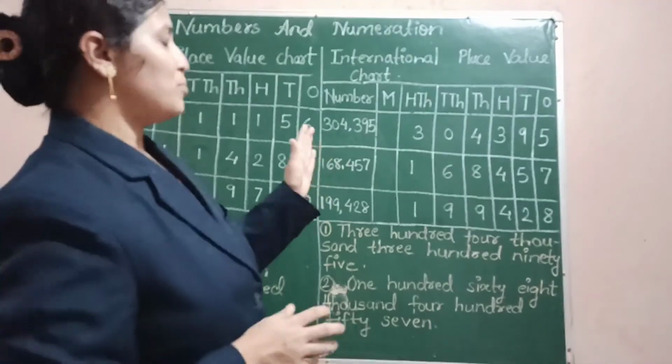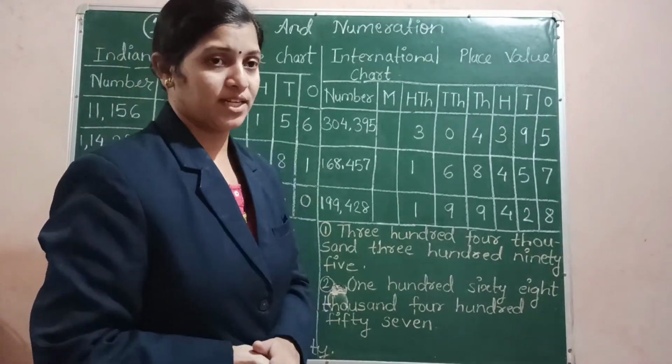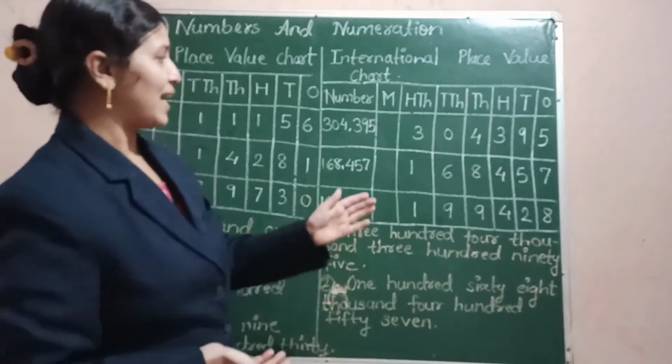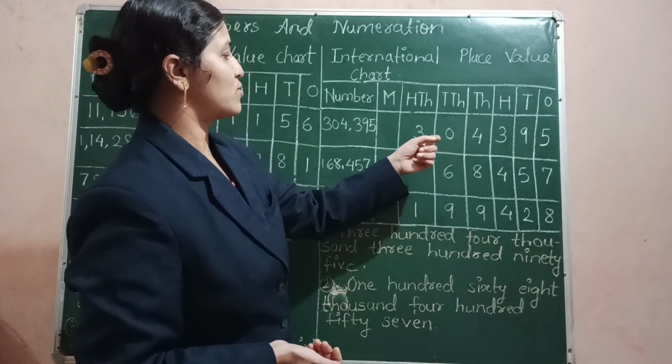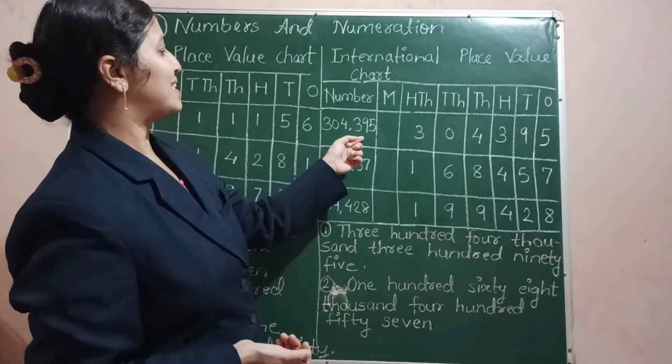So they have been separated by a comma on the basis of the periods. As we know, hundreds, tens and ones come in ones period, and these 304 come in thousands, 10,000s and 100,000s place value. So a comma between these three numbers.